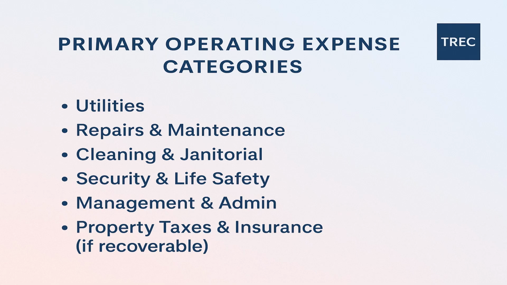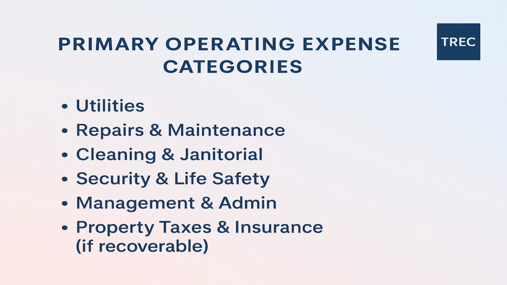Most operating expense statements fall into a few big buckets. Utilities, which is power, water, gas, sometimes trash. Repairs and maintenance, keeping roofs, HVAC, parking lots, and common areas in working condition. Cleaning and janitorial, interior common areas, lobbies, restrooms, and sometimes exterior cleaning. Security and life safety, guards, access systems, and fire alarm monitoring.